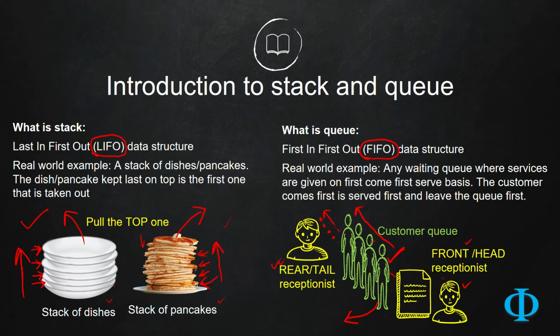So this is exactly what happens in the stack and queue, and we can implement this stack and queue programmatically using both array and linked list, and in the following few videos we are going to understand that.